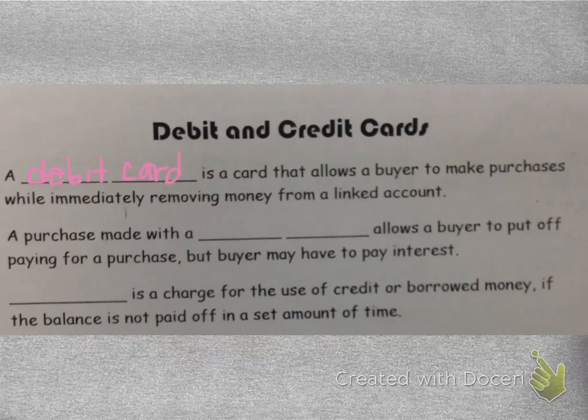A purchase with a credit card allows a buyer to put off paying for a purchase, but the buyer may have to pay interest on that purchase. Interest is a charge for the use of a credit card or borrowed money if the balance is not paid off in a set amount of time.